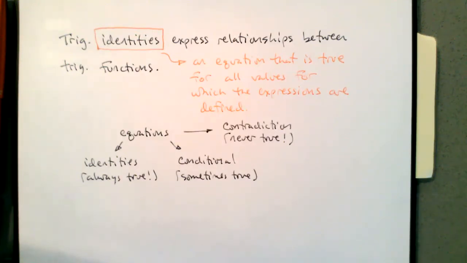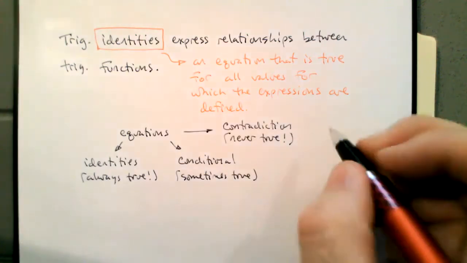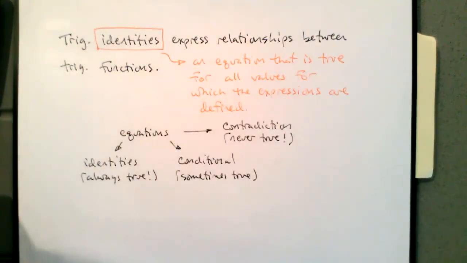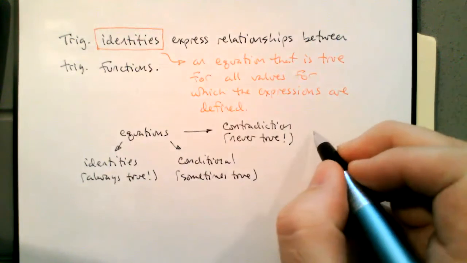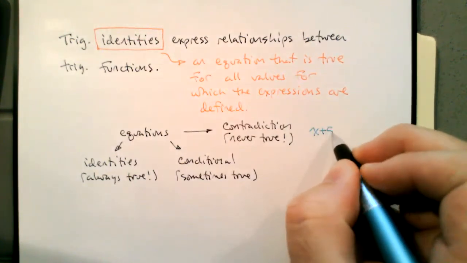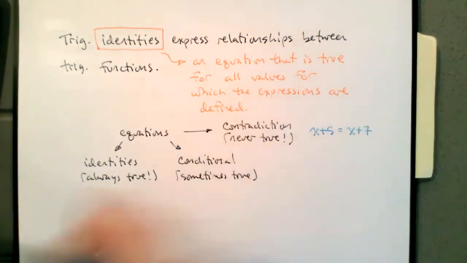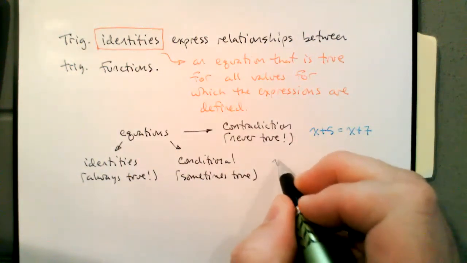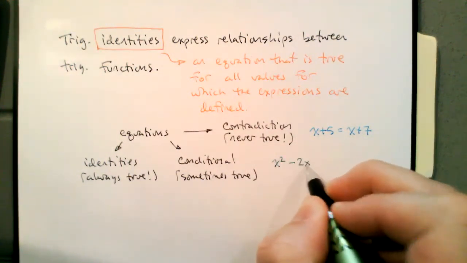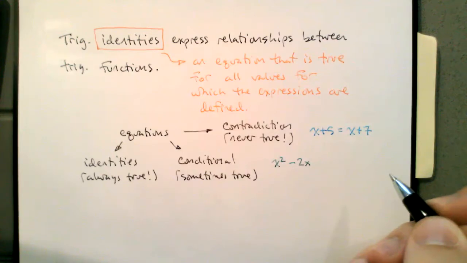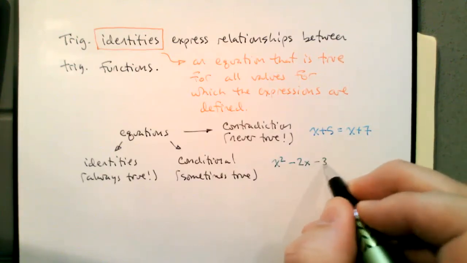An example of a contradiction would be, I used red for identities, so I'll use blue for contradictions, x plus 5 is equal to x plus 7. There is no number that fits this description. A conditional equation is like x squared minus 2x minus 3 equals 0.